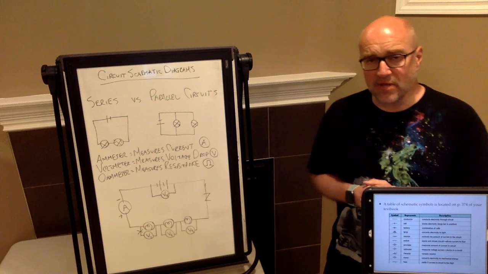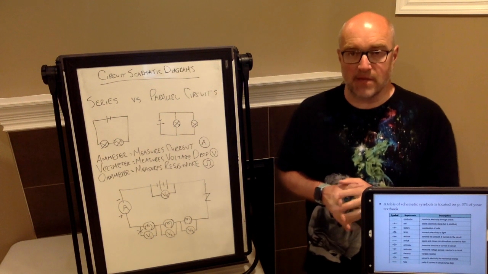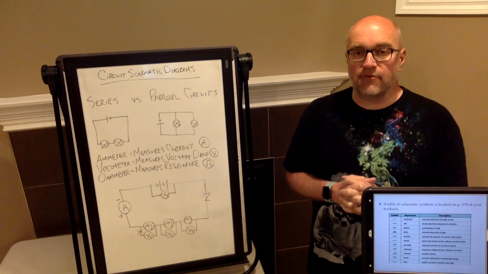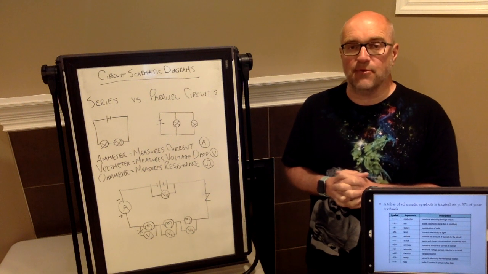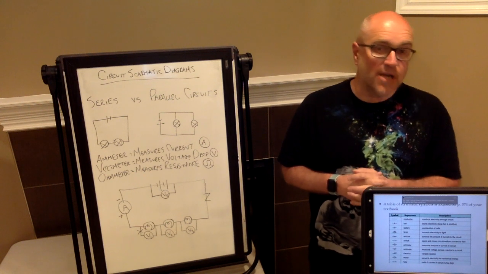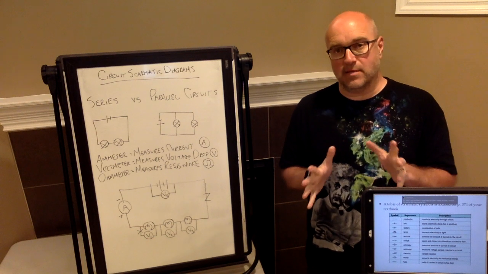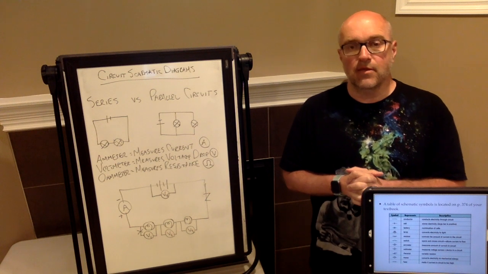Keep this in mind, you'll never be expected to draw a circuit on a diploma exam, but you would have to be able to recognize one and recognize some of these standard symbols.